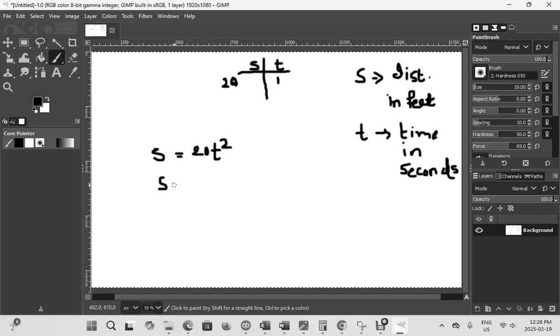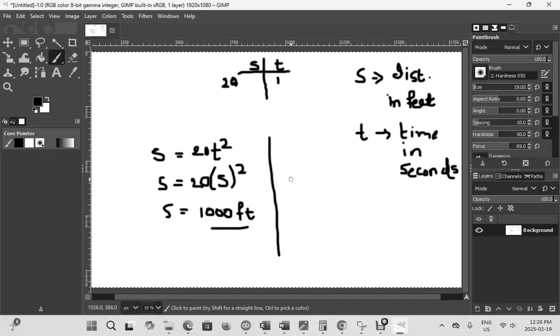You want to figure out S. So S equals 20 times 5 squared. 5 squared is 25, and 25 times 20 is 1,000 feet. After 5 seconds, the skydiver would have covered 1,000 feet.